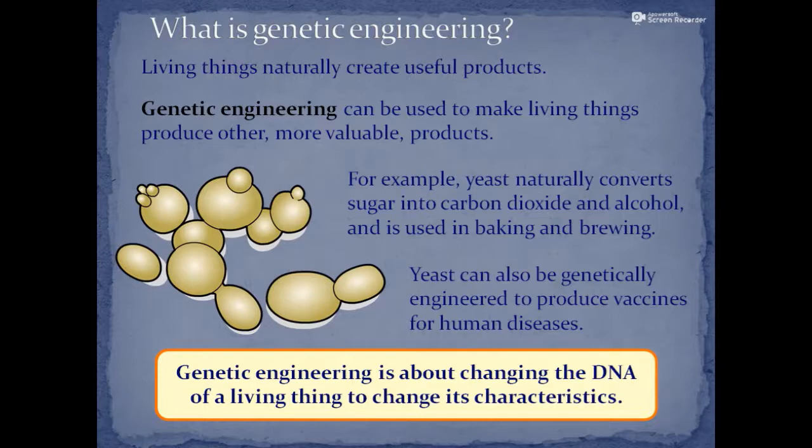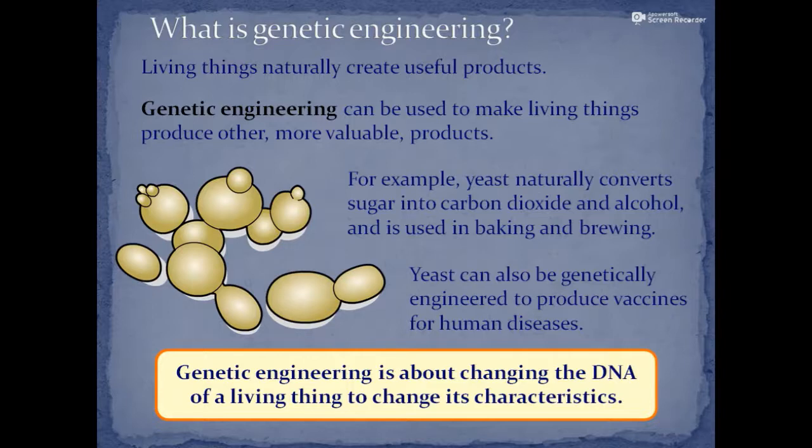So, if you make a living cell produce other more valuable products, that is referred to as genetic engineering. Now, in this example, you have a yeast cell, and this yeast cell can be engineered to produce vaccines for human disease. That is a case of genetic engineering.